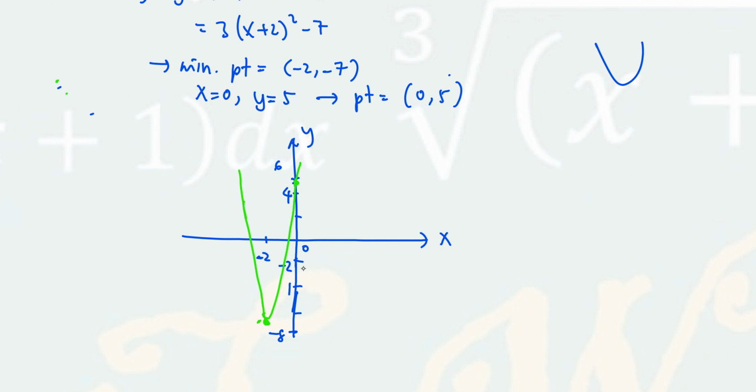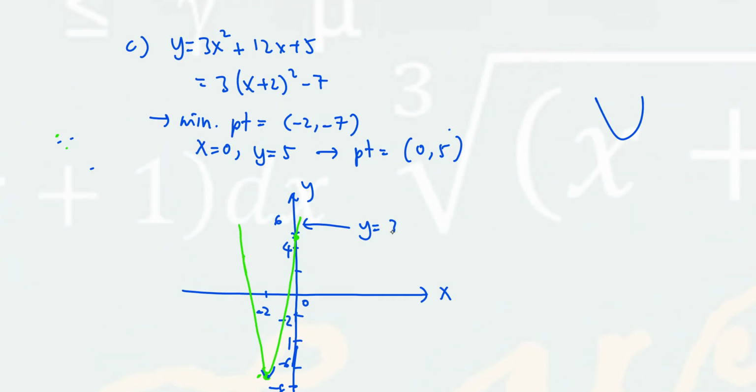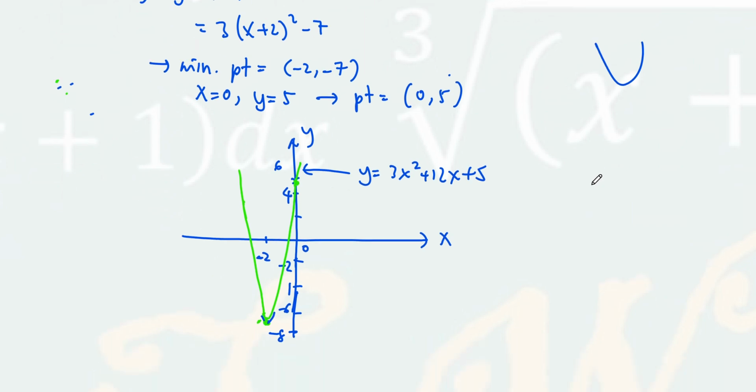Right, so let's say this is -7. Okay, done. Right, so this is our graph. Okay, so done for the graph.